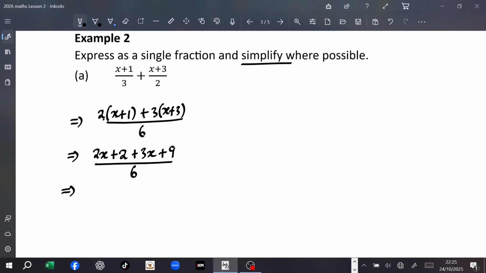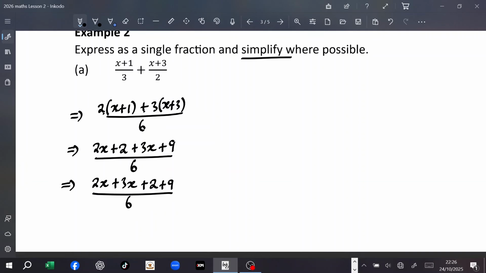Then we'll collect like terms, because that's why they said simplify where possible. So 2x is similar to 3x, so 2x plus 3x. Then these 2 together with 9, so plus 2 plus 9, over 6. You see?